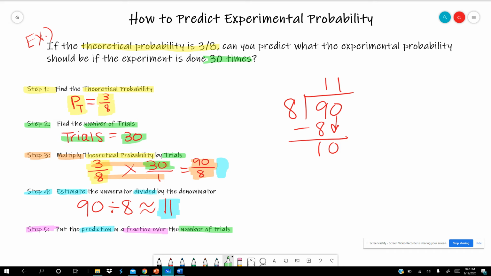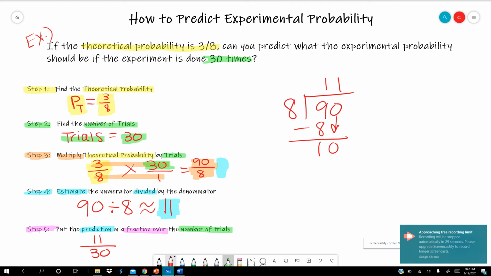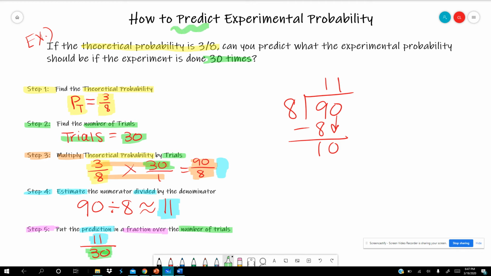We want to make a fraction using our prediction over the number of trials. So here I have my prediction over the number of trials. Just to color coordinate, we got our prediction right here over the number of trials. You see how I keep saying that? Because that's all we're doing to predict the experimental probability.